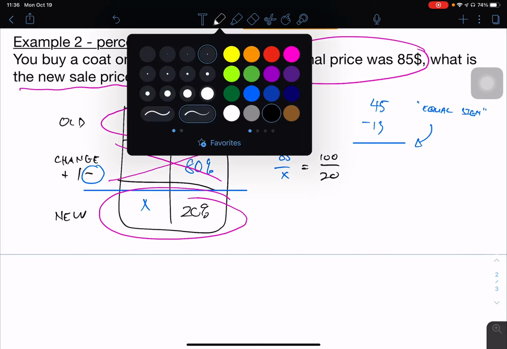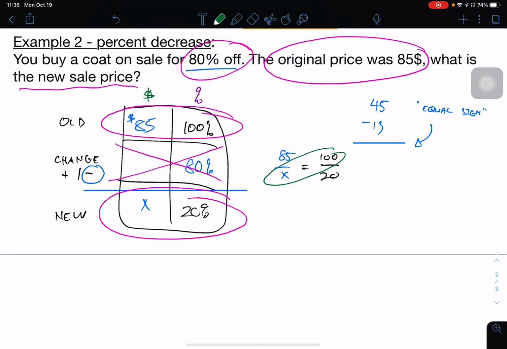And then you cross multiply here. So these two, you got 100x equals these two, 85 times 20. Left with 1700. And you divide both sides by 100.